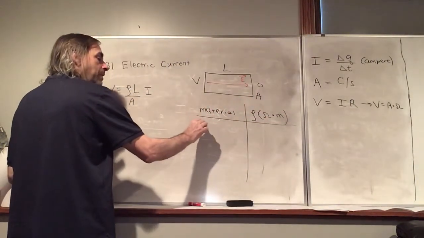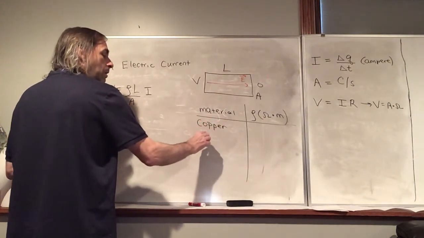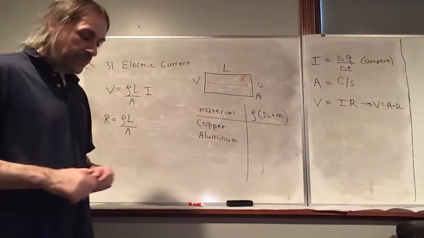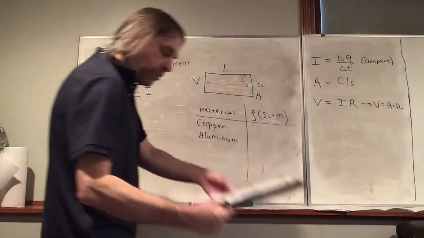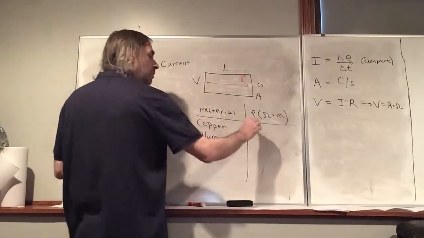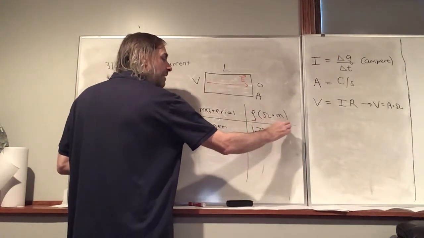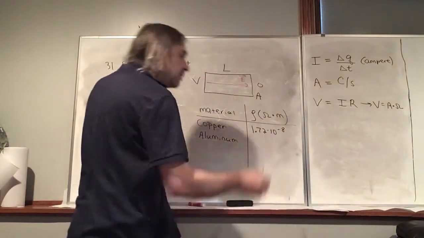The most common conductors that we use are copper and aluminum. So let me start with those. Copper is 1.72 times 10 to the minus 8th, and aluminum is 2.82.